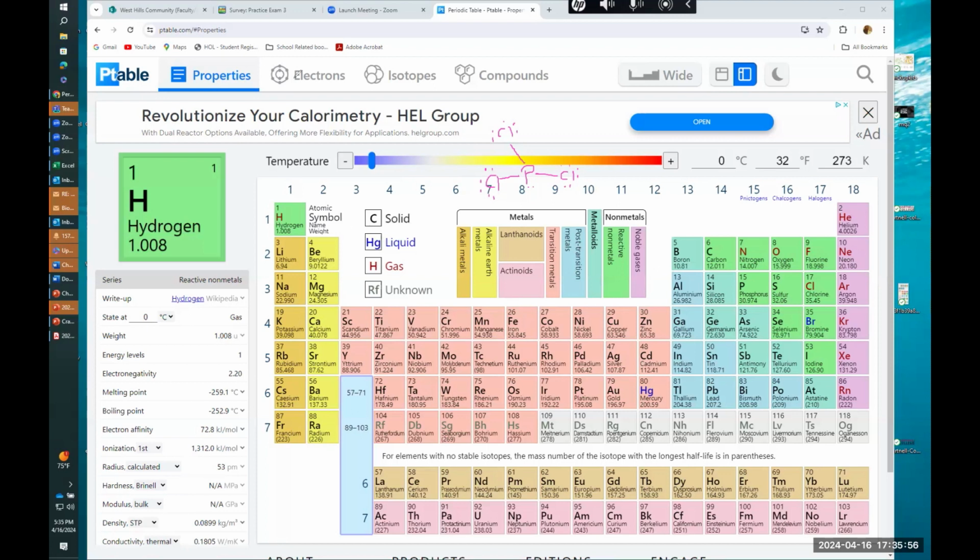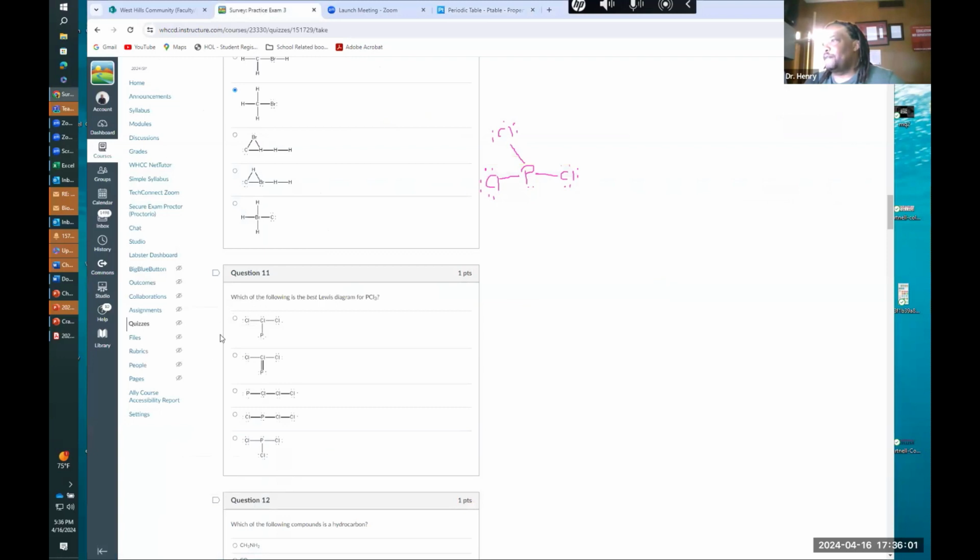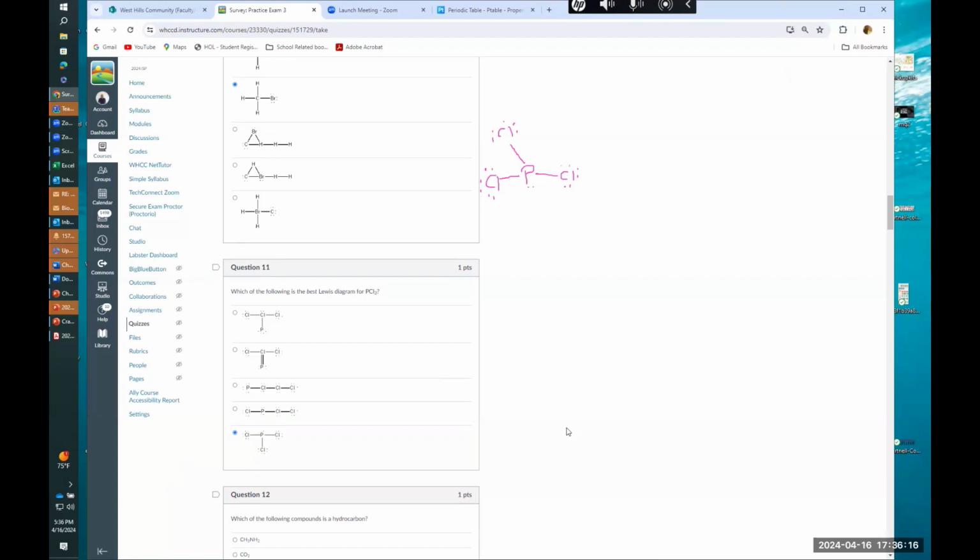They need to obey the octet rule. That's correct. So it's not that first one, not the second one. It's that last one. We just have to flip it around.